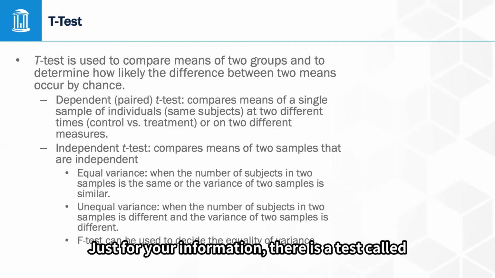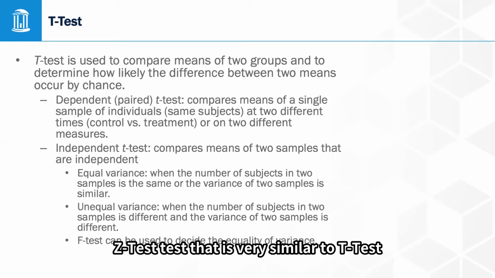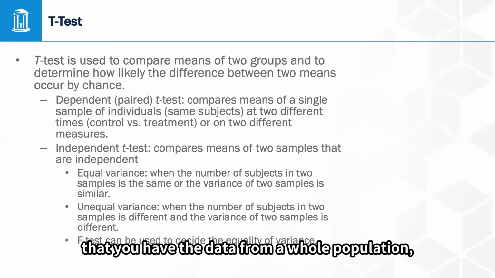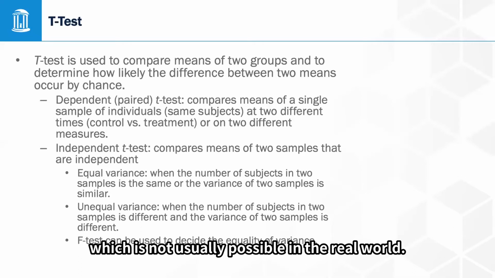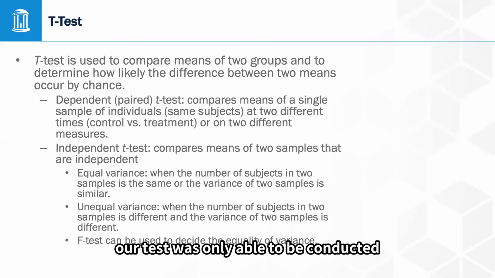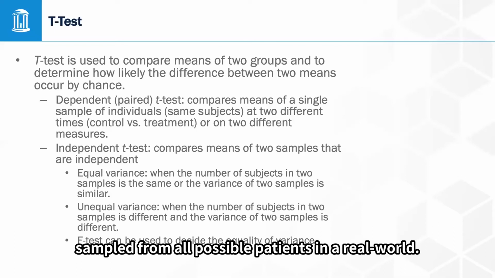Just for your information, there is a test called the z-test that is very similar to the t-test. However, the z-test assumes that you have the data from a whole population, which is not usually possible in the real world. Looking back to our aspirin patients, our test was only able to be conducted on a very small number of patients sampled from all possible patients in the real world.